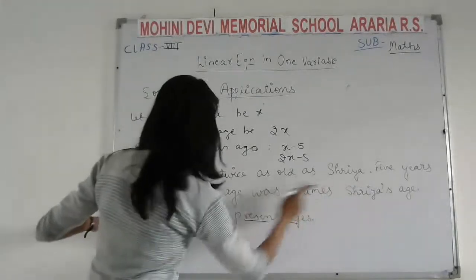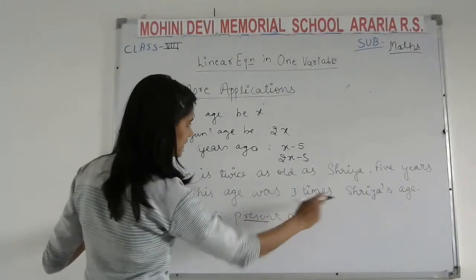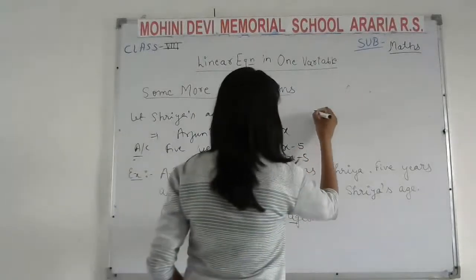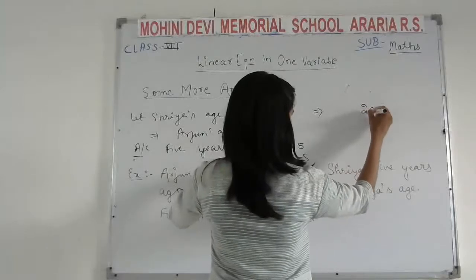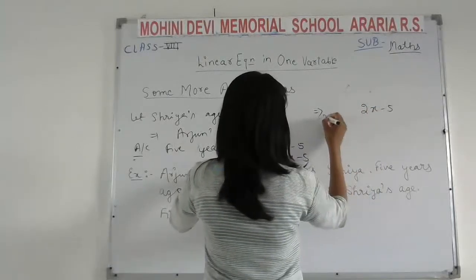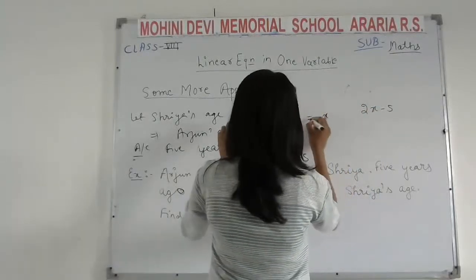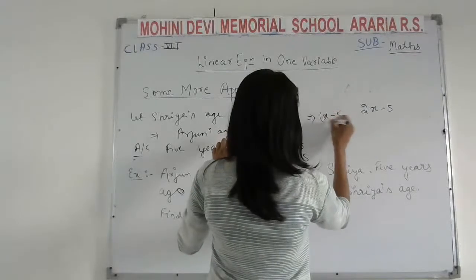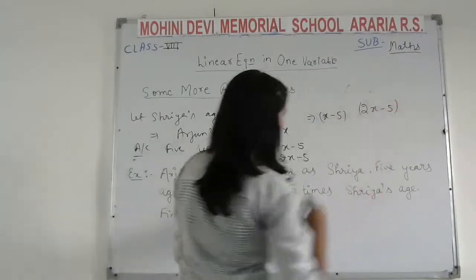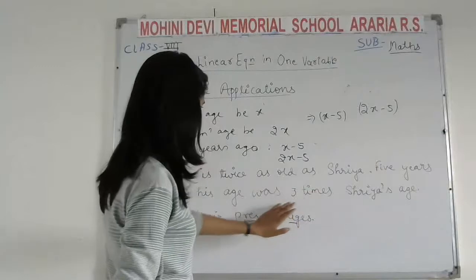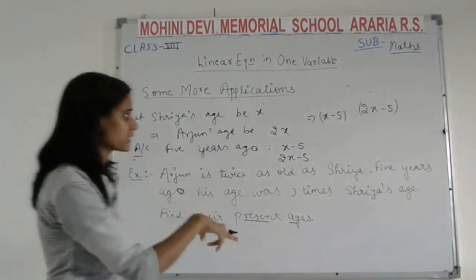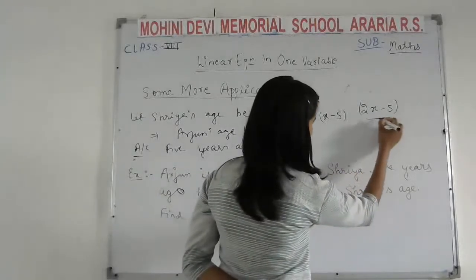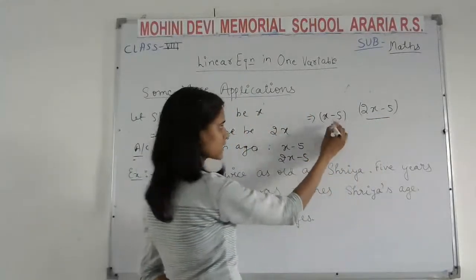Now, the second statement says his age was 3 times Shriya's. Arjun's age is this, 2x minus 5, and Shriya's age is this, x minus 5. Keep it in a bracket. It says Arjun was 3 times Shriya's age, so it will be 3 times this age.